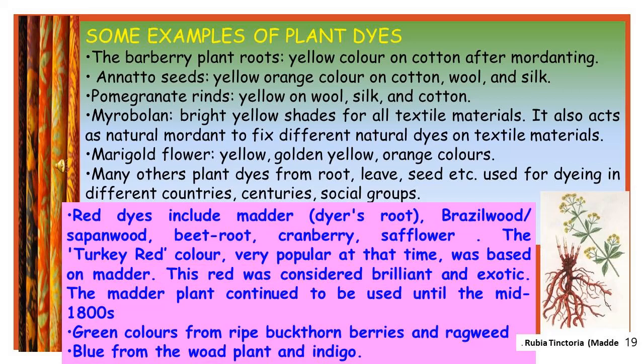This red was considered brilliant and exotic. The madder plant continued to be used until the mid 1800s. Green color from ripe buckthorn berries and ragweed. Blue colors from the woad plant and indigo.